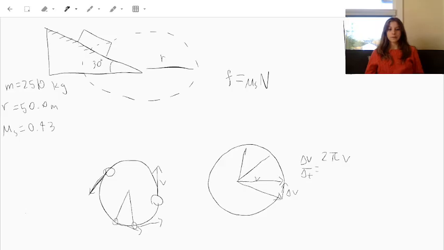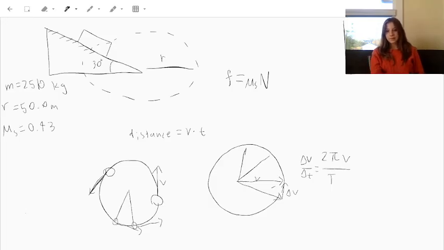And our t, let's say that's just the time it took to go around the circle. But what is that time? Know that distance is equal to velocity multiplied by the time it took. So if you go 3 meters per second for 2 seconds, then you go 6 meters at that speed.